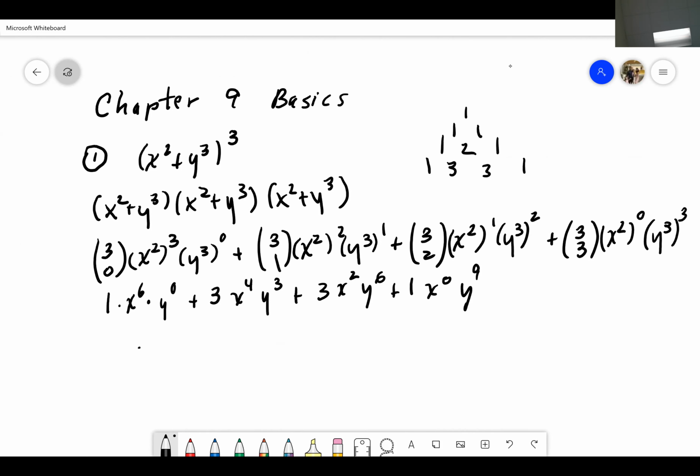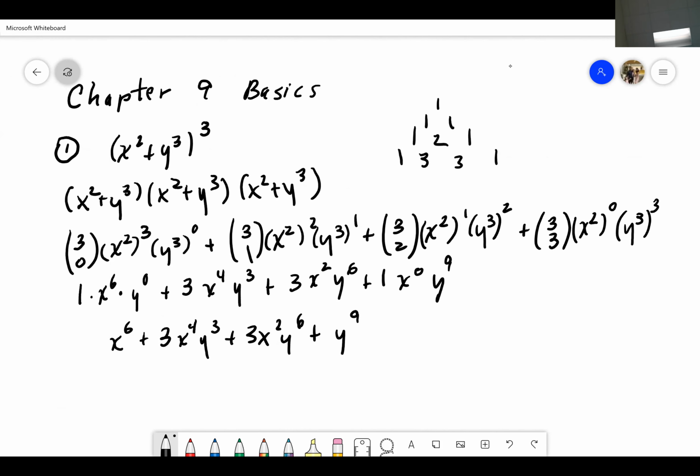So you know that this is going to be x to the 6th plus 3x to the 4th, y to the 3rd, plus 3x squared, y to the 6th, plus y to the 9th. So it's not too bad, but it requires some effort. Not much effort, though.